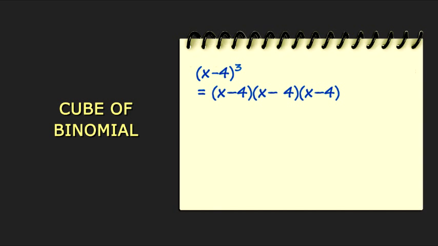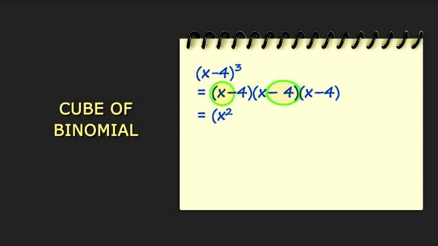When you have 3 numbers that you are multiplying together, you can multiply in any order you want. You're gonna pick 2 binomials. The first thing we're gonna do is focus on x minus 4 times x minus 4. So, we're gonna do the FOIL method. First thing, x times x, and it becomes x squared.